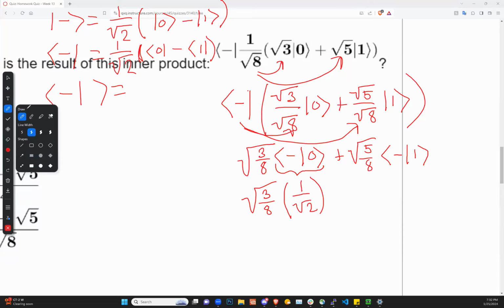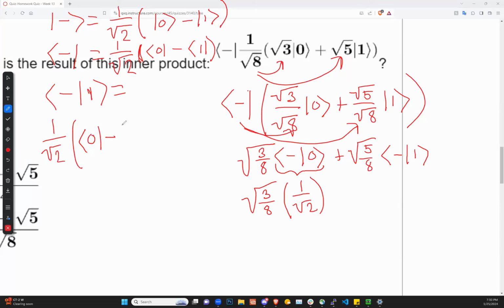So the inner product between the minus state and the 1 state is, we're going to have 1 over the square root of 2 of this 0 bra minus this 1 bra, all applied to the 1 state.